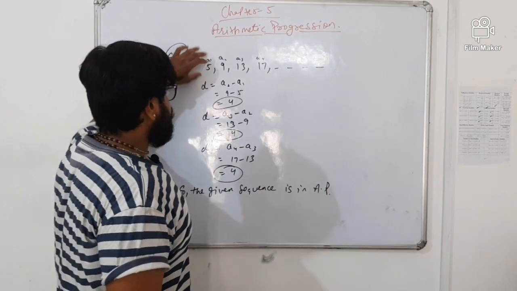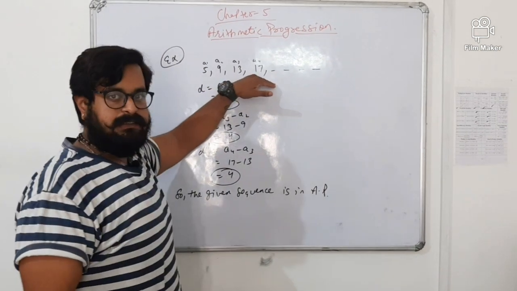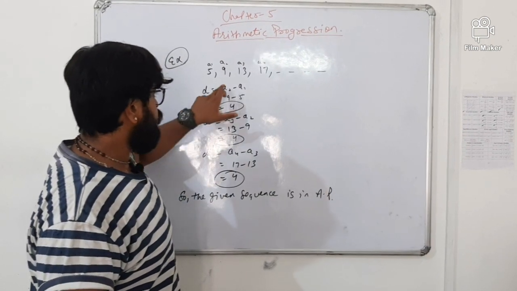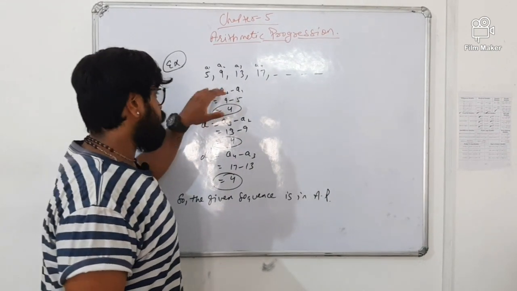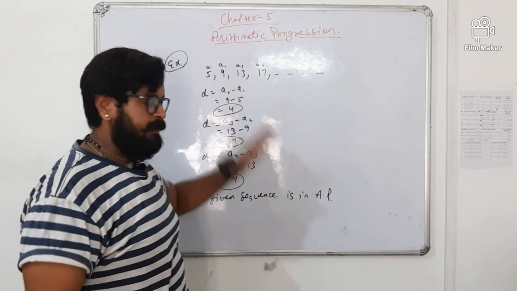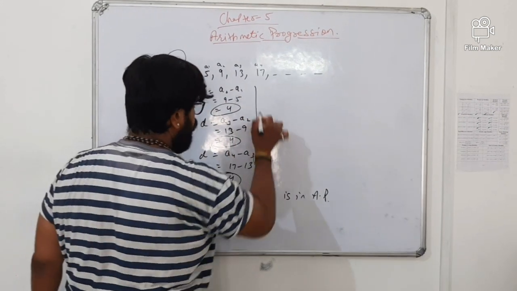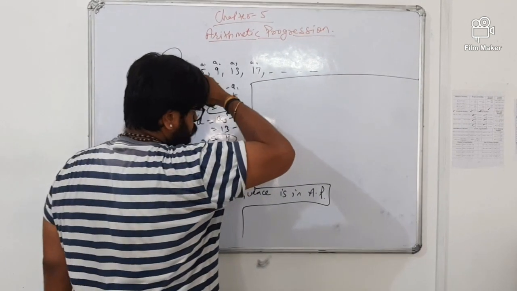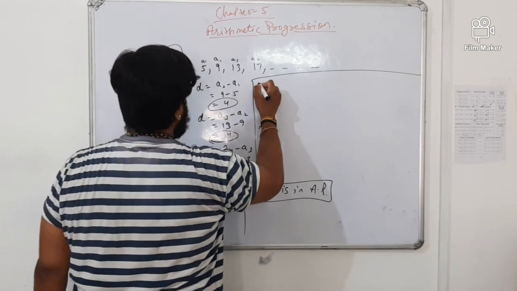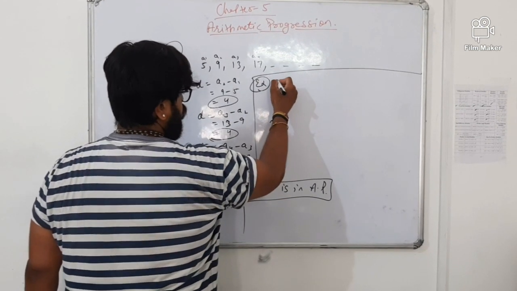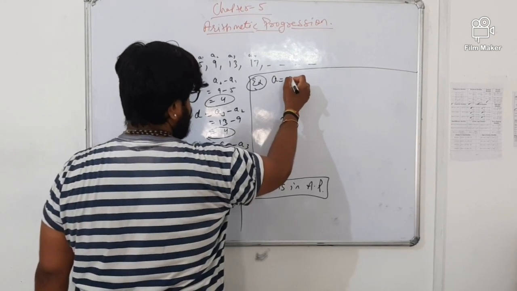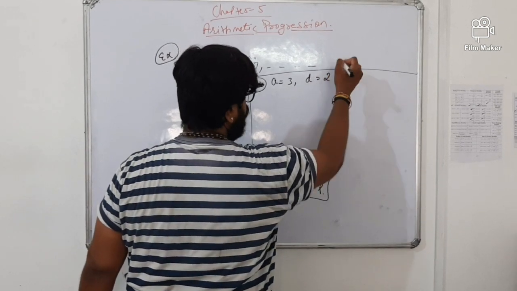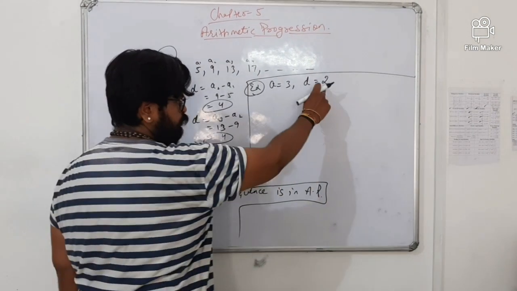Okay, to check whether the given series is in AP or not, you have to find the difference. If the difference between all the numbers is the same, then the given numbers are in AP. Now suppose another example: a is given to you, that is 3, where a means the first term, and d is 2, the common difference.